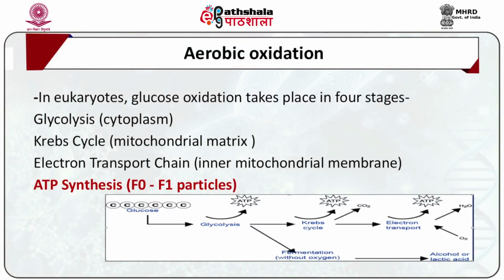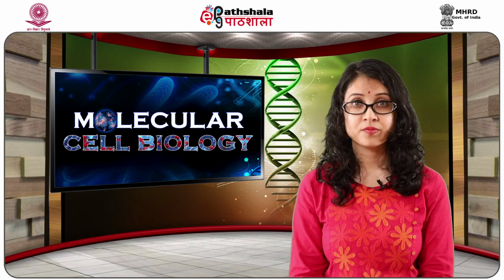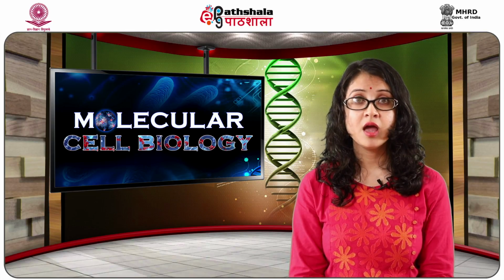Then electron transport takes place at the inner mitochondrial membrane and generates proton motive force. The last stage is synthesis of ATP, which occurs at F0, F1 particles present at the inner mitochondrial membranes and involves oxidative phosphorylation.